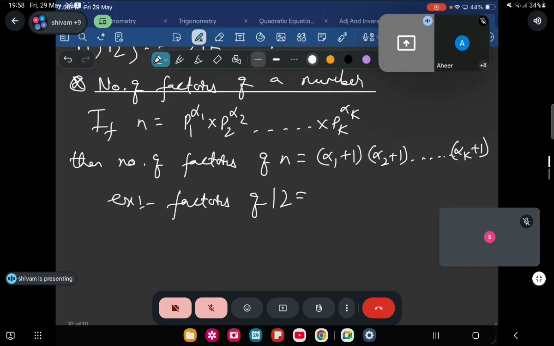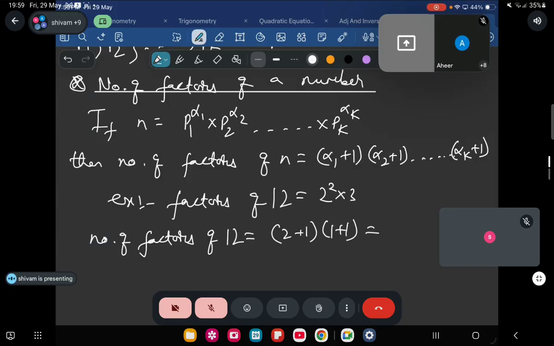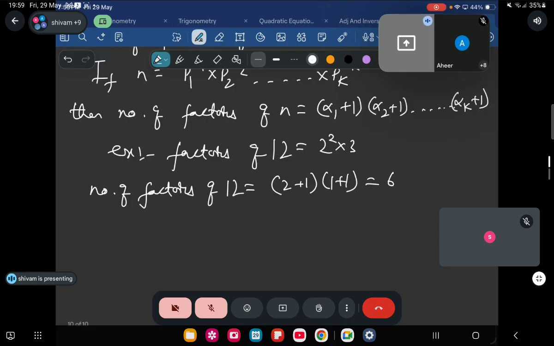So the number of factors of 12 will be 2 plus 1 into 1 plus 1, which gives 6. Let us write those 6 factors.